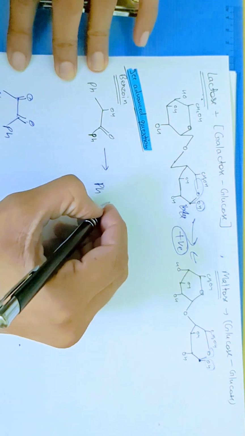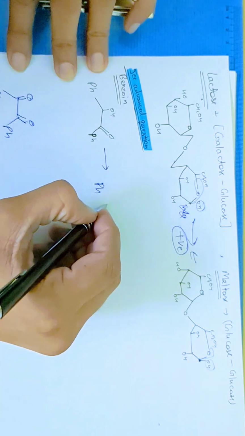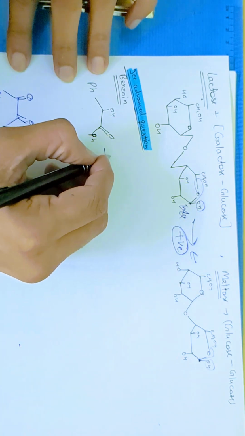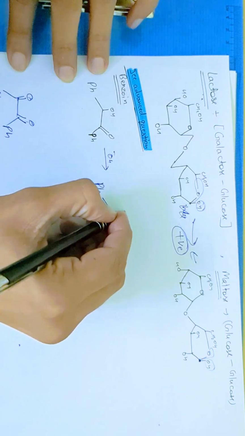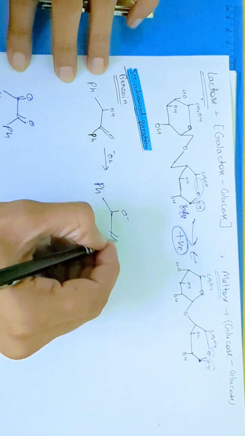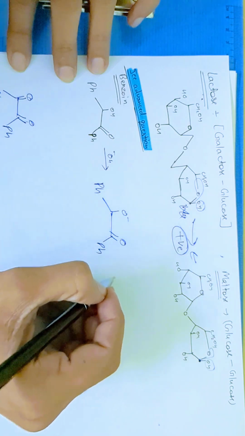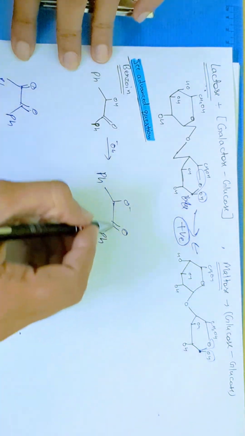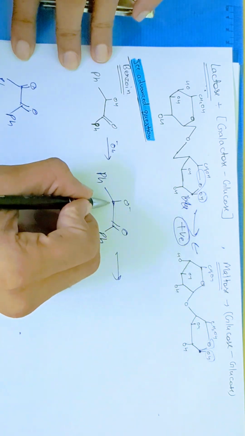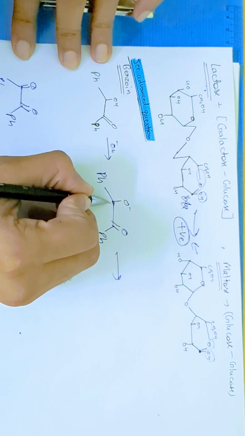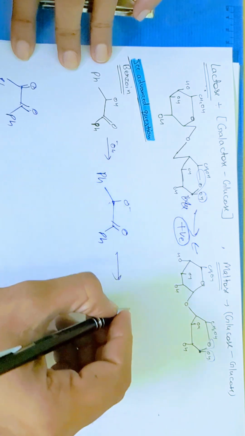PhCOCH(OH)Ph, when it reacts in basic medium, can convert into the alkoxide, and we can see here it can show tautomerism. Now here is a highly acidic hydrogen which can give us water.